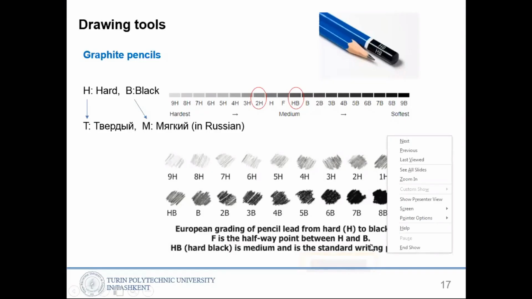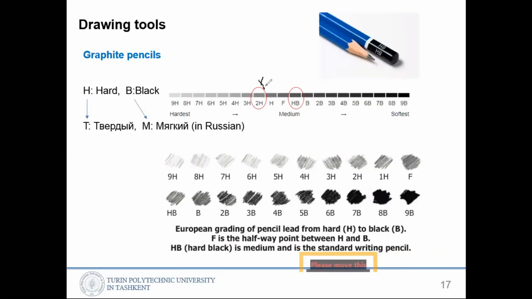So we need a 2H to draw the initial drawing. H means hard. As this number increases, the hardness of your pencil increases.